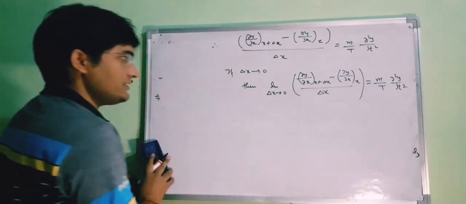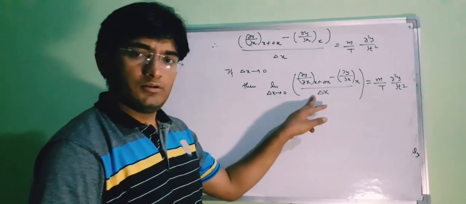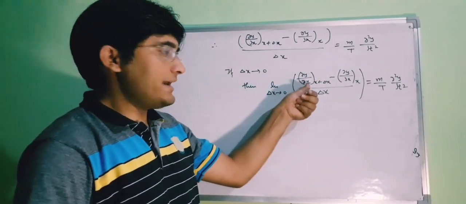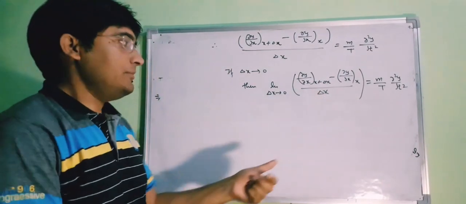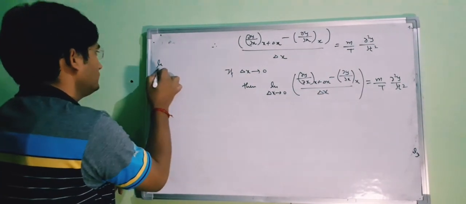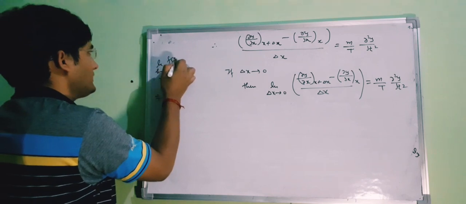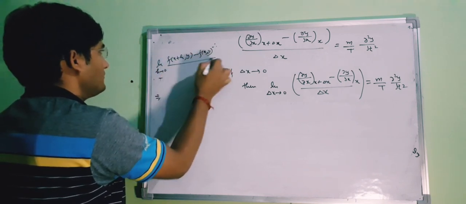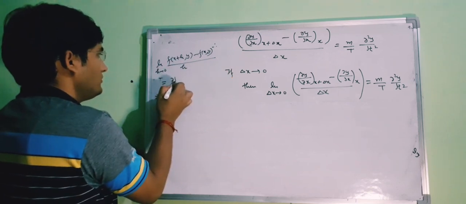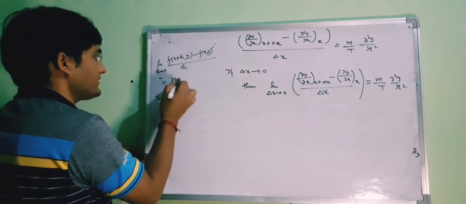This is the definition of the derivative: the limit as h tends to 0 of f of x plus h minus f of x divided by h is the derivative of f with respect to x.